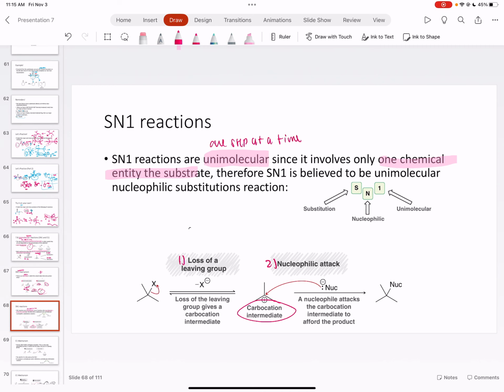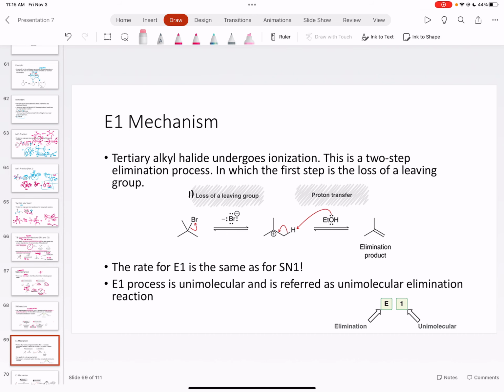And if we end up having a positive charge with a hydrogen, then we add on a third step in which we do a proton transfer, just to remove that extra hydrogen. So then we can move on with the E1 mechanism.